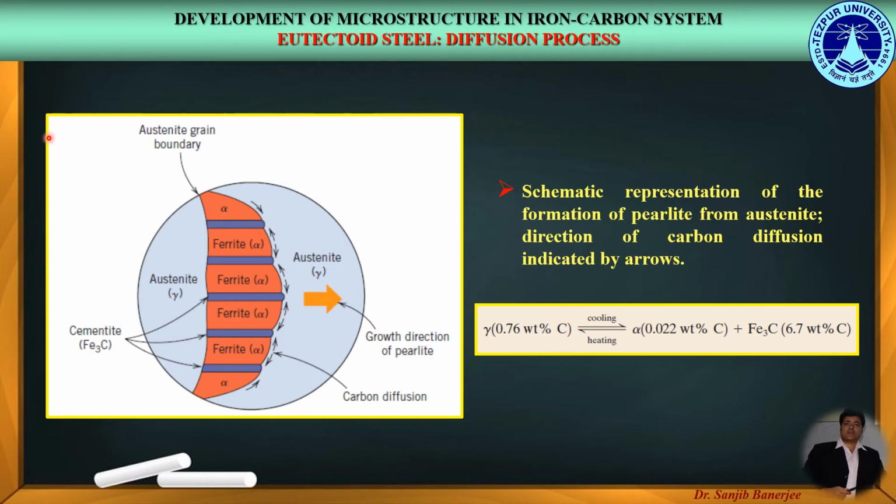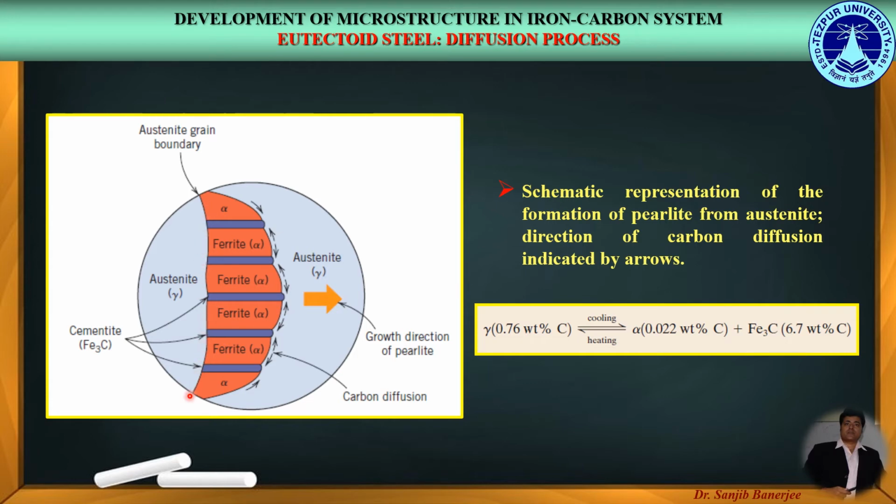Now this particular figure illustrates schematically the microstructural changes that accompany this eutectoid reaction. Here we can see that the orange layers indicate ferrite or the alpha phase, while the blue layers represent the cementite phase.